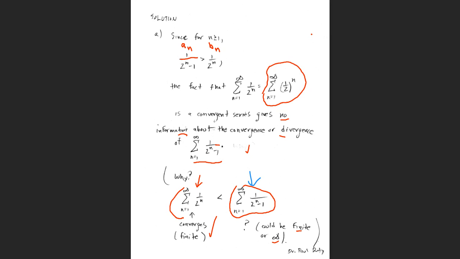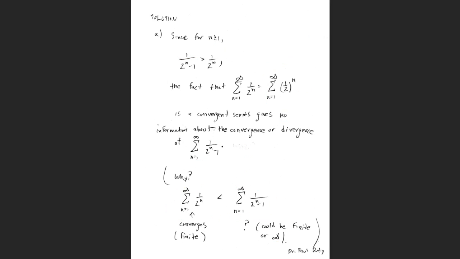For our particular series, let me just write it here as an aside. I like to have stuff all together. When n is large, 1 over 2 to the nth power would be approximately the same as 1 over 2 to the nth power minus 1.